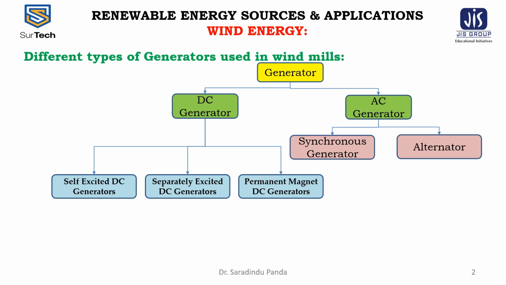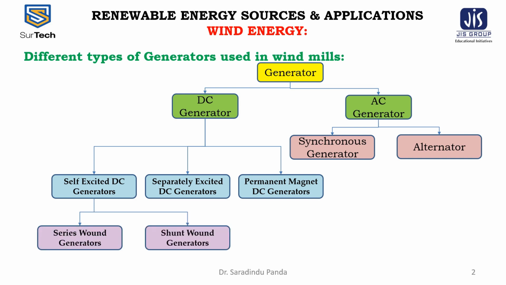A simple self-excited DC generator may be constructed in a variety of ways, depending upon the relationship and interconnection of each of the magnetic field coils with respect to the armature. The basic connections for a self-excited DC machine are the shunt-wound DC generator, the series-wound DC generator, and the compound-wound DC generator.